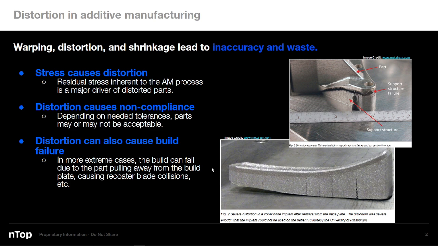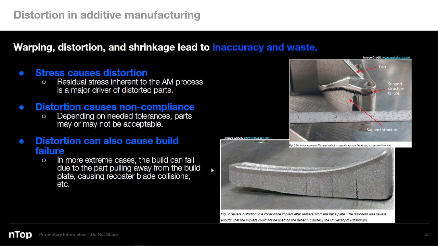But there are some other strategies that we'll talk about a little bit that we see employed sometimes with those types of processes. In general, distortion is not desired, right? It causes non-compliance. The part bends and twists or distorts out of the acceptable tolerances for the part.